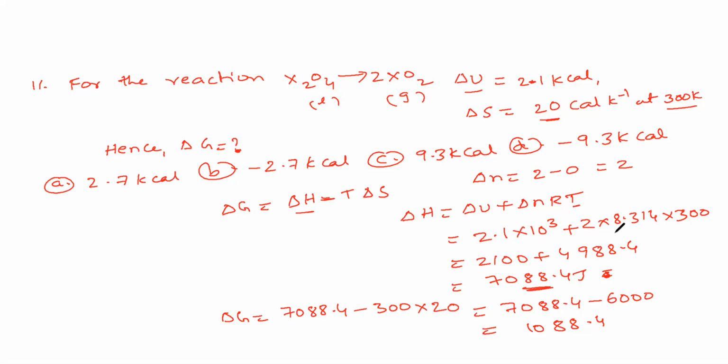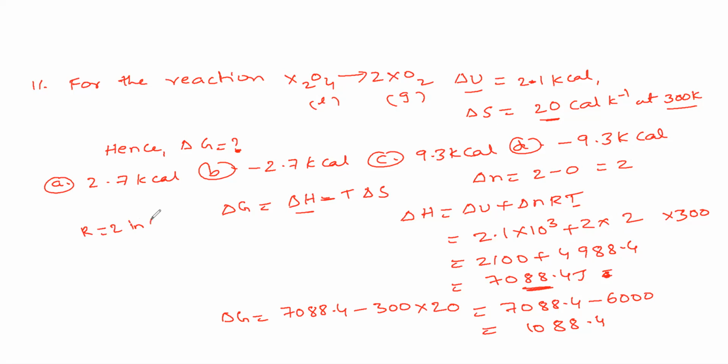Oh, we have made a mistake here. Because they have given calories, when the answer is in calories we have to take R in calories only. Please note it down: we should multiply with 2 only, because when the energy is given in calories, the R value is equal to 2.